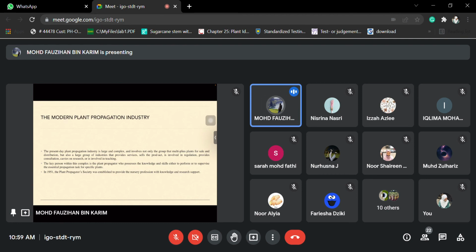That's why it says the key person within this complex is a plant propagator, the key person who holds the secret recipe of the propagation techniques to produce any unique plants. For example, bromeliads in Netherlands. The bromeliad industry can generate profit of up to billions of dollars.